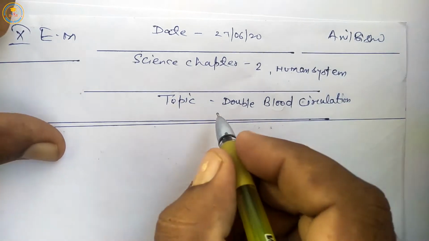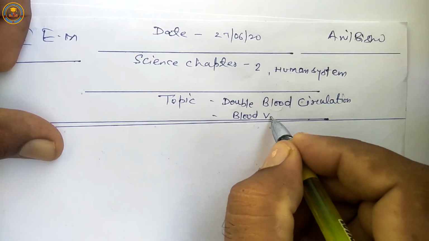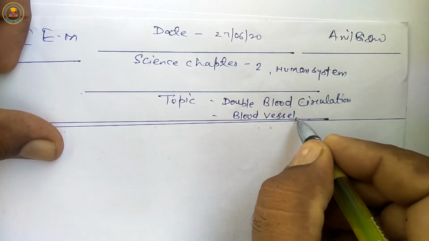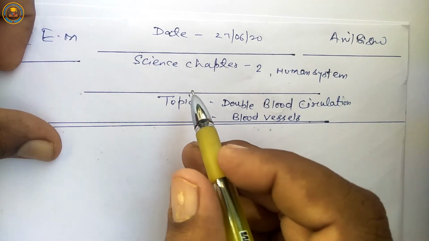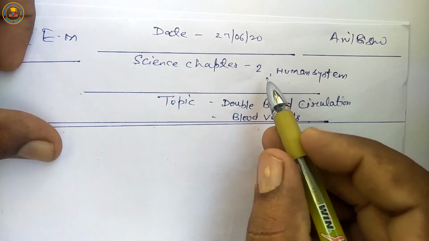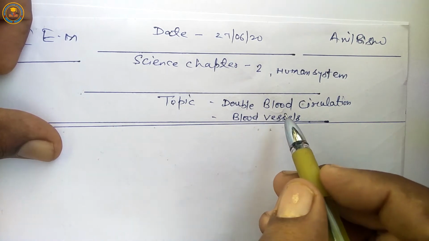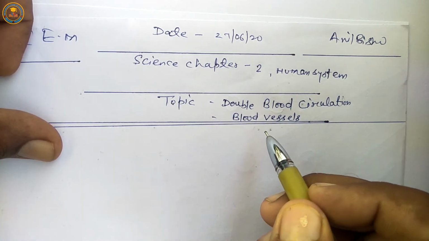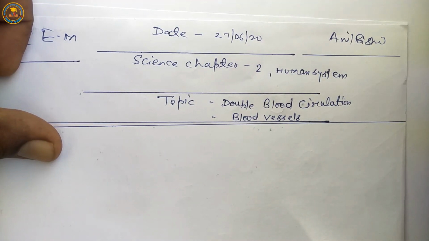And next is blood vessels. Once again, today's topic is double blood circulation, and second is blood vessels.